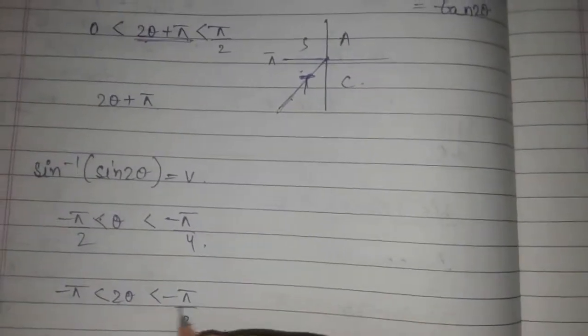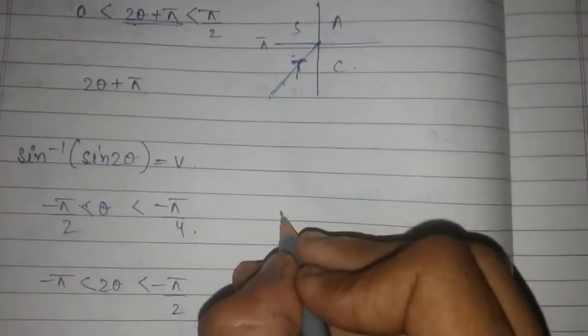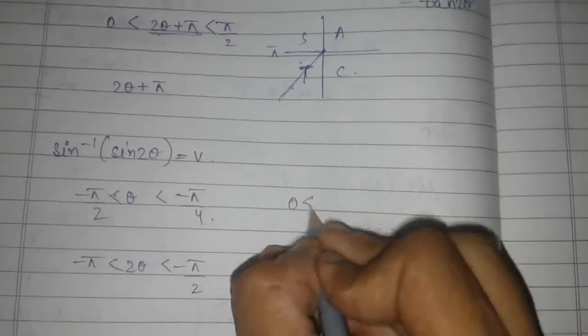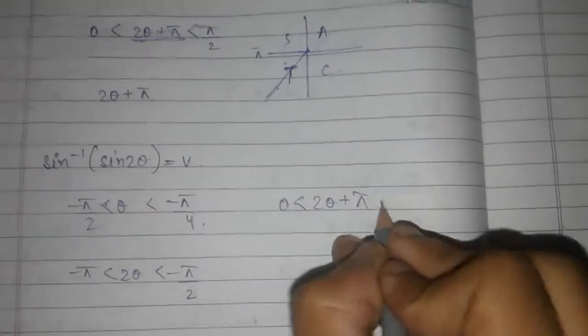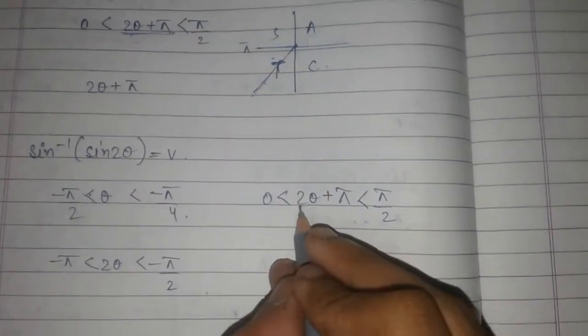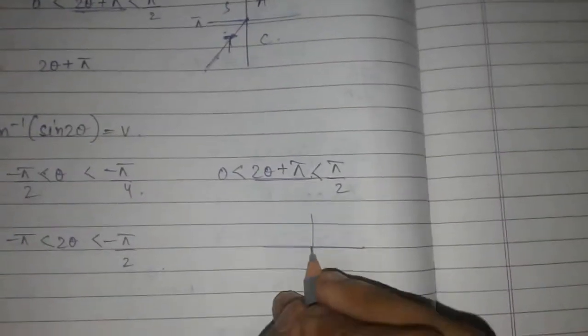Now we can use only pi here as said earlier. An addition of pi does come to our mind, so we check if addition of pi will work or not. First we'll add a pi. So this changes to 2 theta plus pi, and this changes to pi by 2. Now we try to find out whether this caused a change in the magnitude or not.